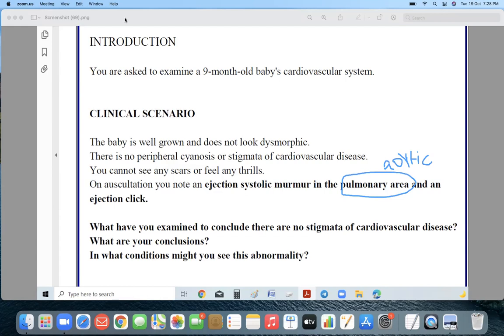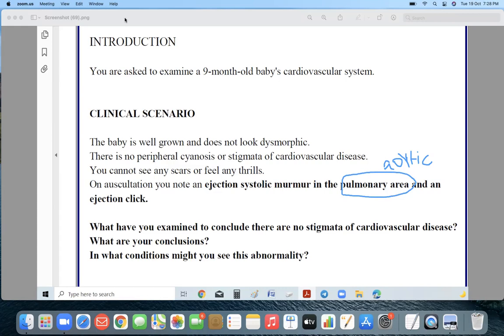For investigation, we'll have to go for ECG, where we can see the left ventricular hypertrophy. RV will be taller in the V5 and V6 area, and there may be a deep S wave in aVF and V1 and V2.